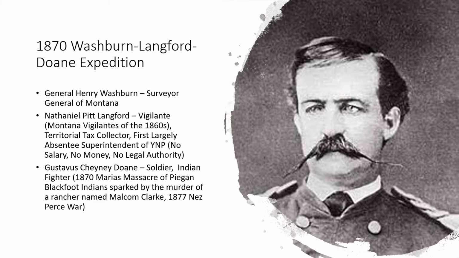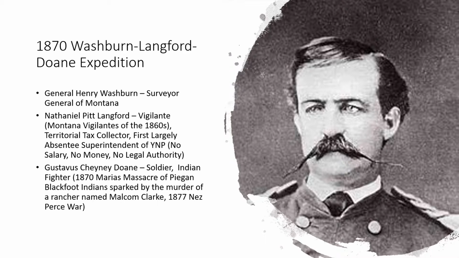So let's talk about some of the early scientific exploration of what is now Yellowstone National Park and some of the individuals who were engaged in this exploration. The first major effort to explore this region, survey it, and describe it was in 1870, when an expedition named after its three leaders, the Washburn-Langford-Doane expedition, explored the Yellowstone region.